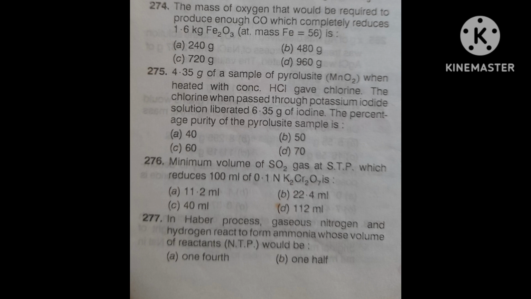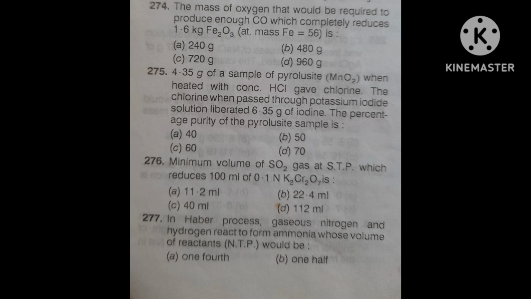After that you have to calculate. 3O2 means 3 into 32, that is 96 gram, or if you want to write in kg, that is 96 kg. And how much Fe2O3 is required? Fe2 is 56 into 2 plus O3 is 16 into 3, that is 48.